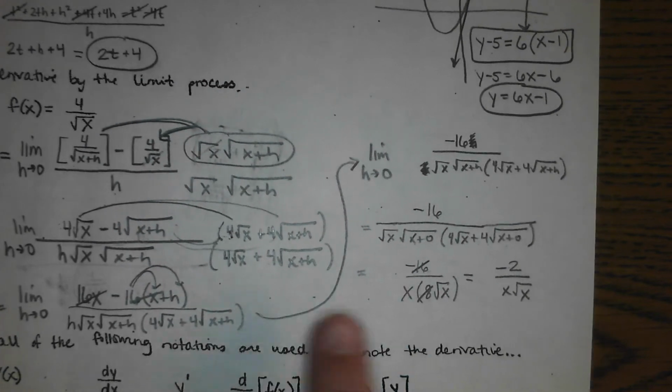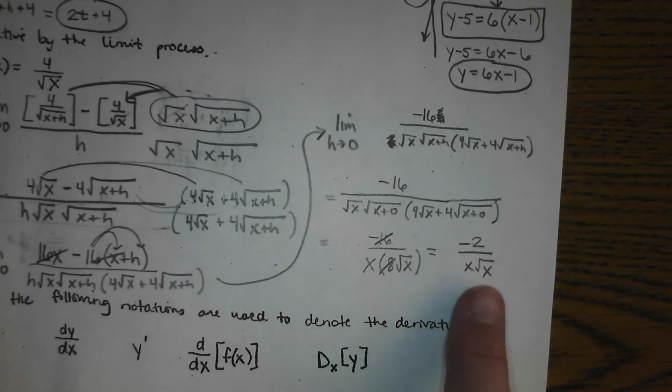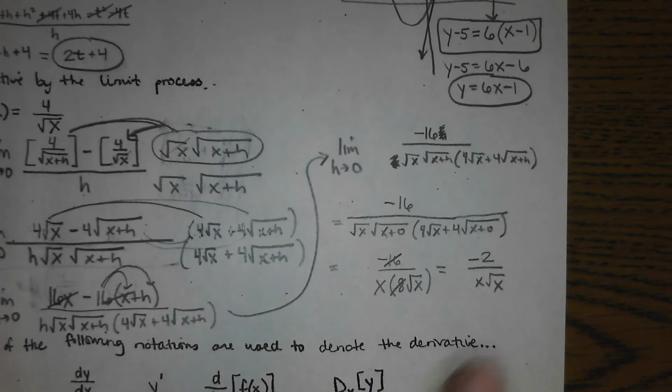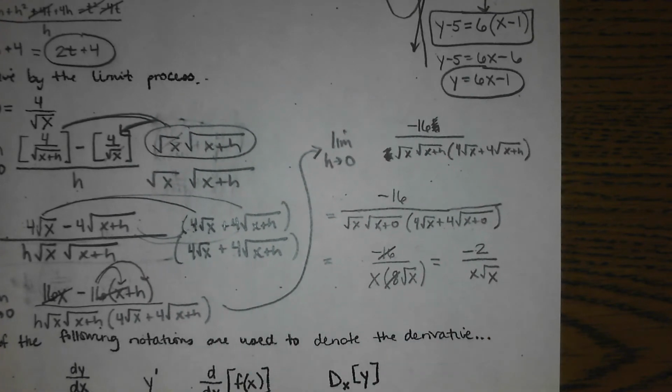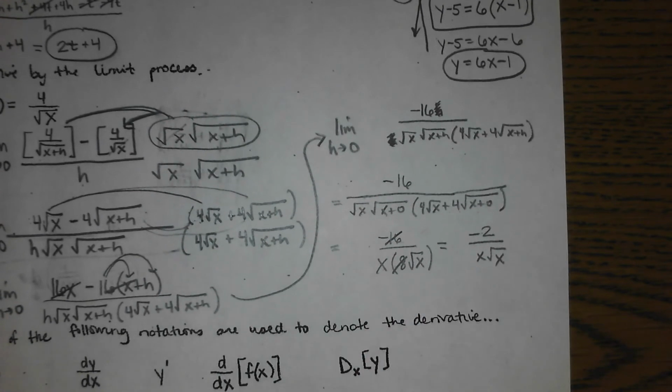Just out of curiosity, at what types of x values will this be undefined? Will the derivative not exist? Because the limit won't exist. When will that not exist? If x is what? Negative or 0, right?